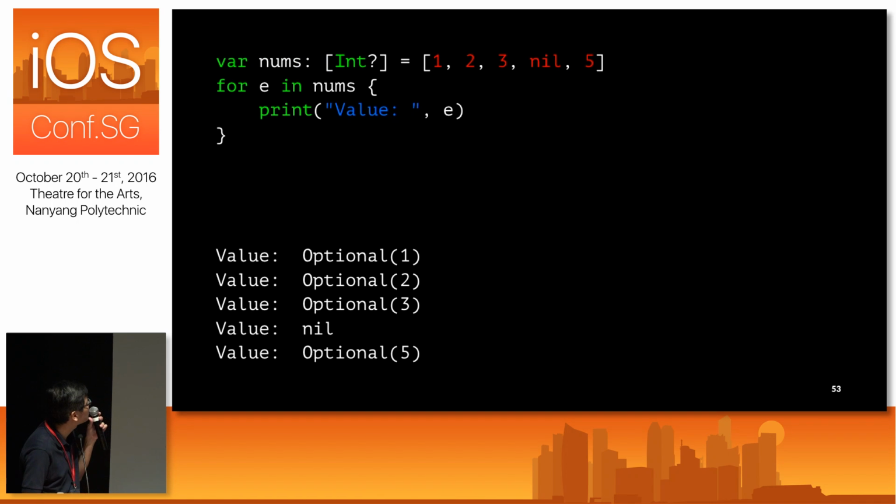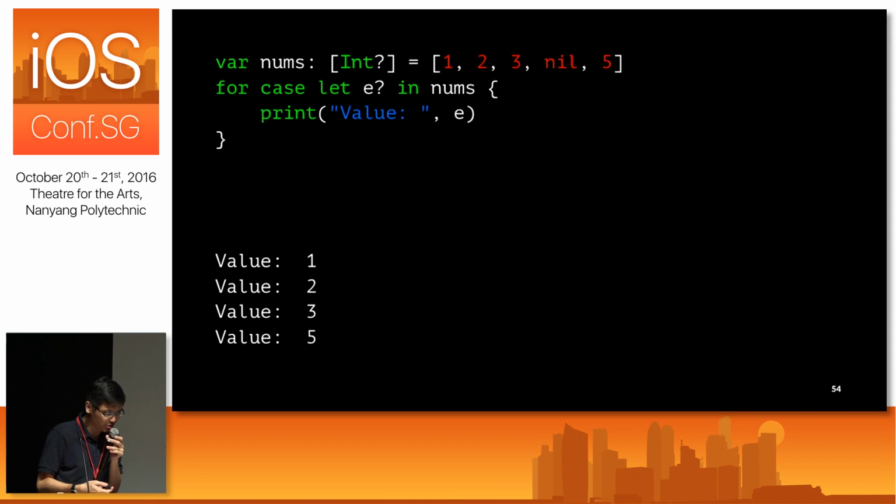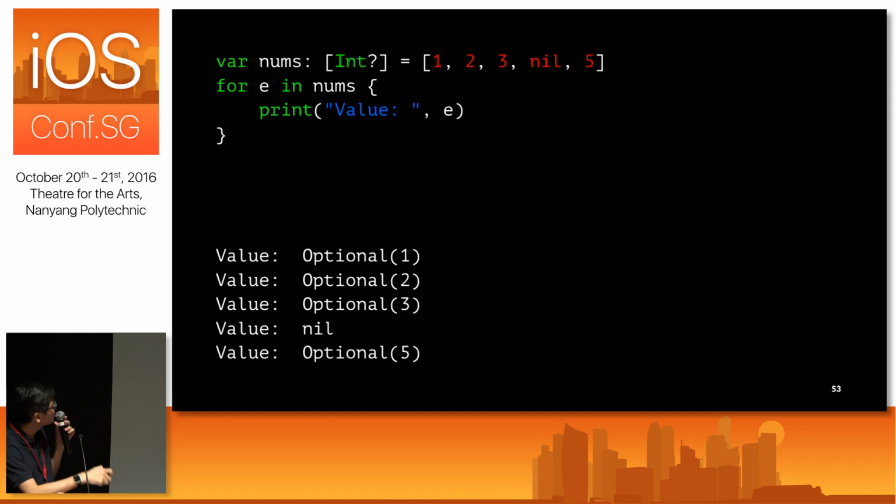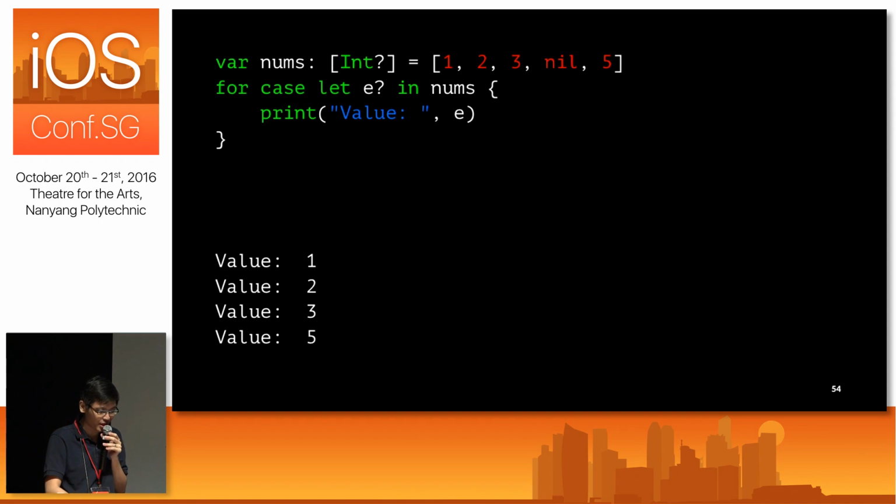So for example, if you have a list of integers that can be optional and you loop through them and you want to process only the non-optional values, one way is you can use for case let to automatically unwrap them. So you only see 1, 2, 3, 5 instead of 1, 2, 3, nil, 5. It's very handy. So you don't have to deal with lots of question marks and exclamation marks.